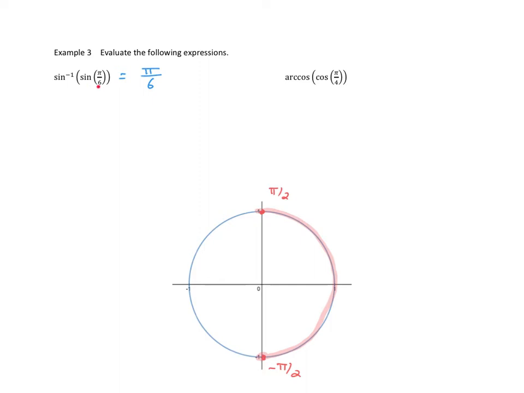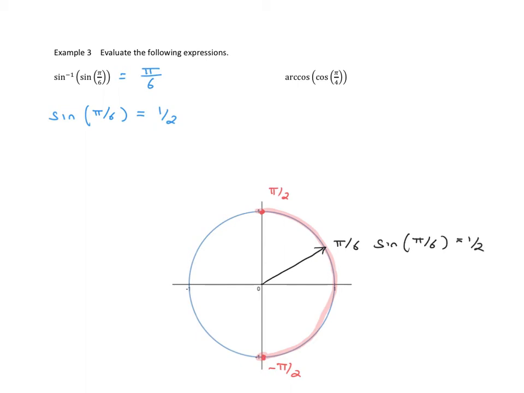First, I want to figure out what sine of pi over 6 is. Well, sine of pi over 6 has an exact value of a half. That's great. If I try to draw this on the unit circle, here is pi over 6, and sine at this angle is equal to a half.